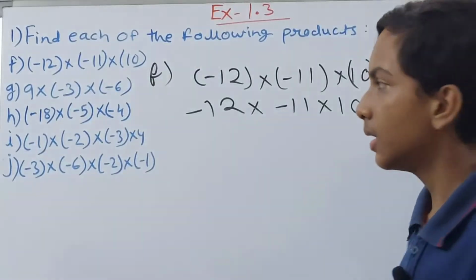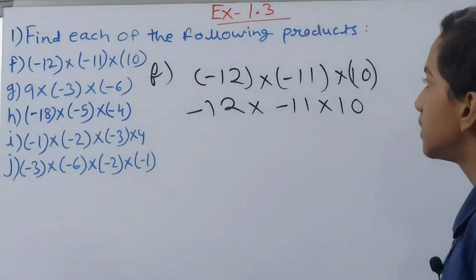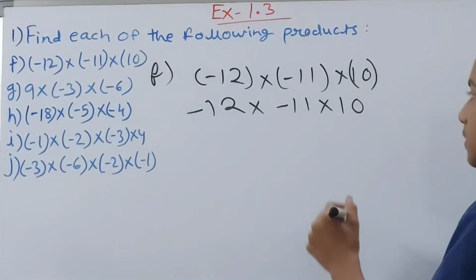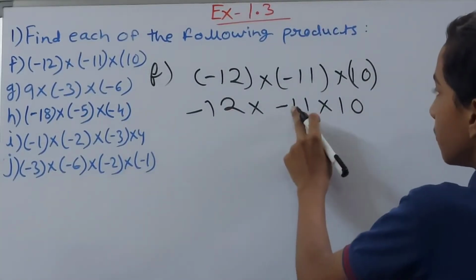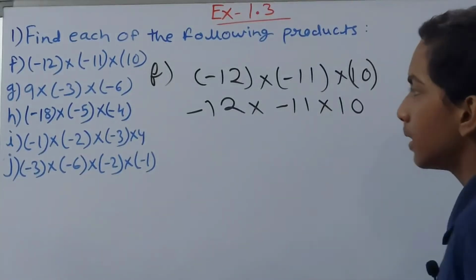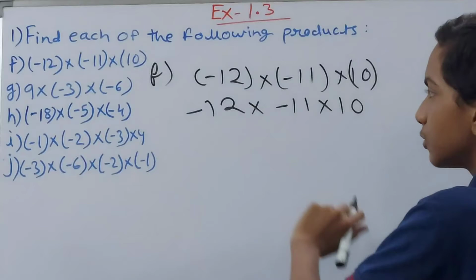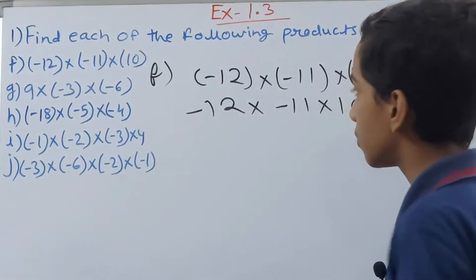Now we multiply them. So first of all, which sign will we put here, right? First you can see that minus 12 and minus 11 are two negative integers, so we solve them first, and we can solve any of them first. It is totally up to you.